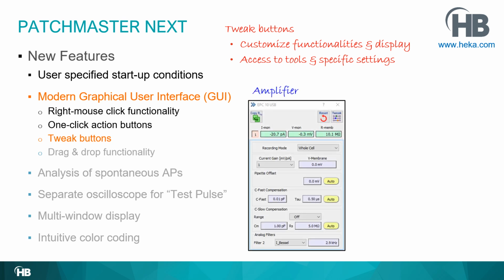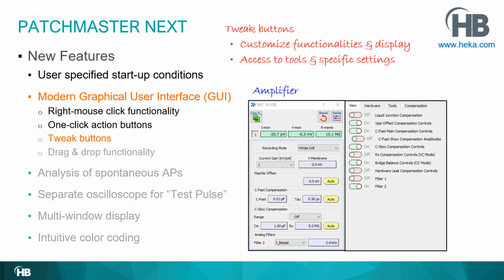Here we have, for example, the amplifier window again, and there's the tweak button. So when you press on the tweak button, it opens a side window, and here you see on top different tabs with different functions. The view tab, for example, allows you to customize what kind of functionality is actually being displayed in the amplifier window.